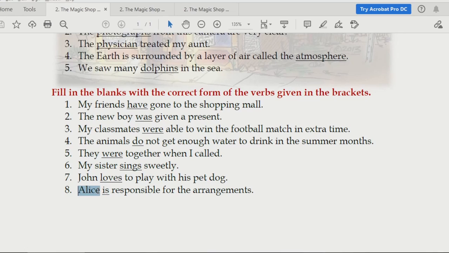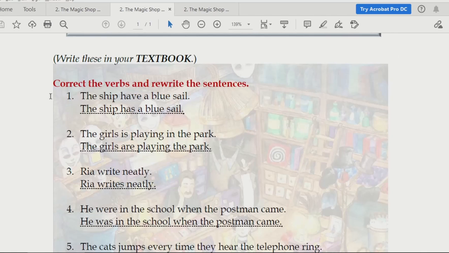Because the subject is in the singular form. There is only one person. Remember about 6, 7 and 8. We have only one person each. My sister, one person. John, one person. Alice, one person. So moving on to PDF 2.